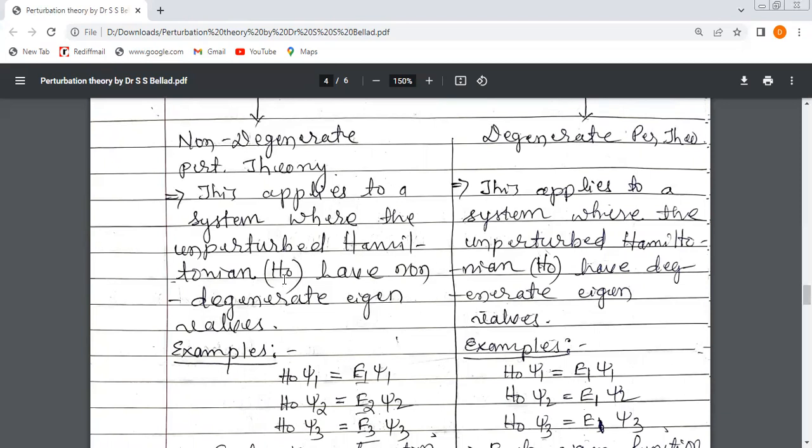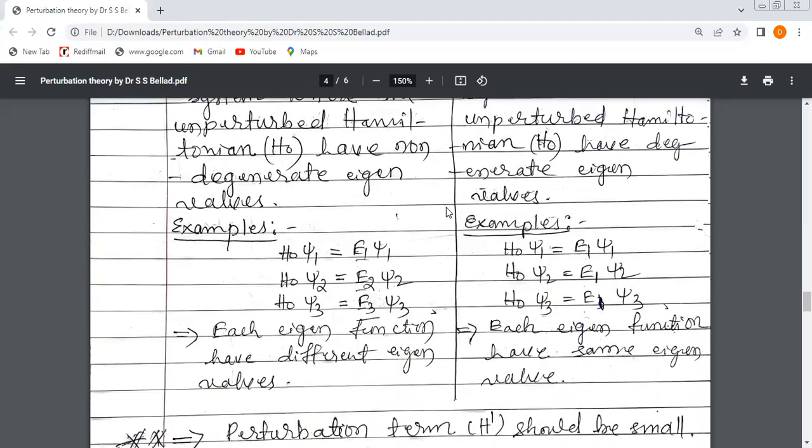What is H naught? The unperturbed part of the Hamiltonian. What is H dash? The perturbed part of the Hamiltonian. These two make the total Hamiltonian, and this applies to a system where the unperturbed Hamiltonian H naught has non-degenerate eigenvalues.